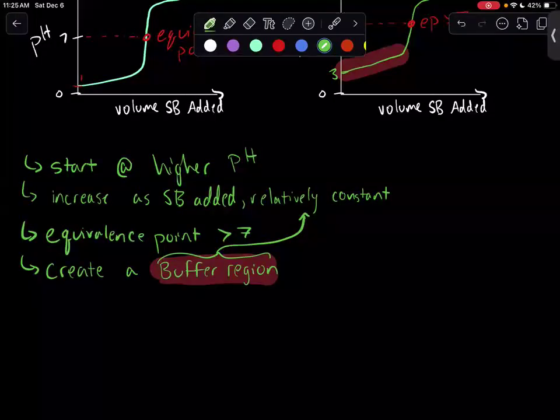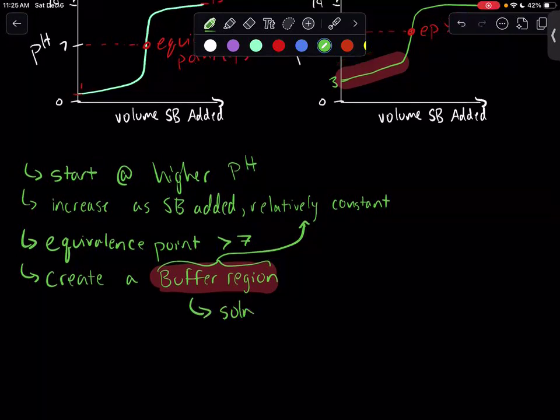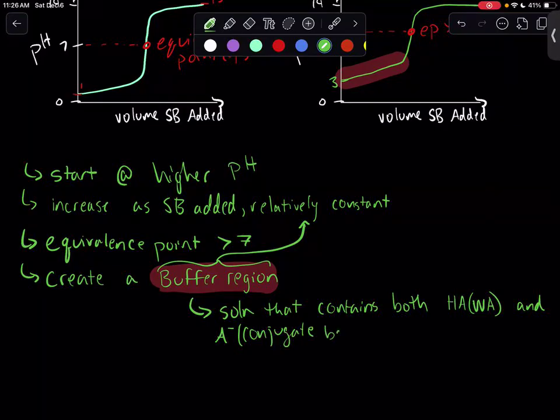But at the buffer region, what we're really looking at is a solution that contains both our weak acid HA and our A minus, which is going to be our conjugate base.